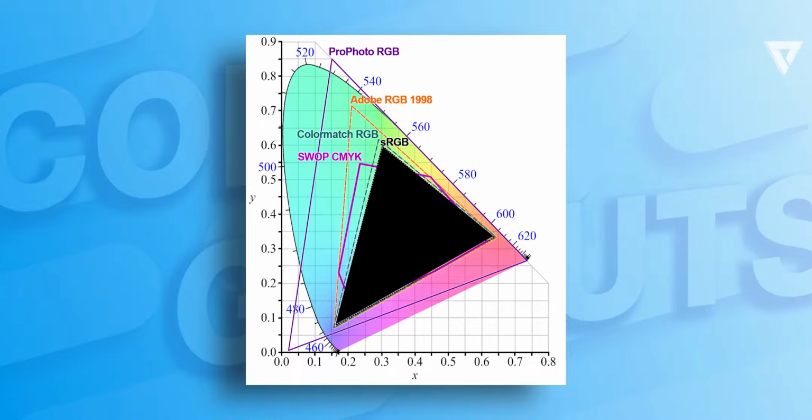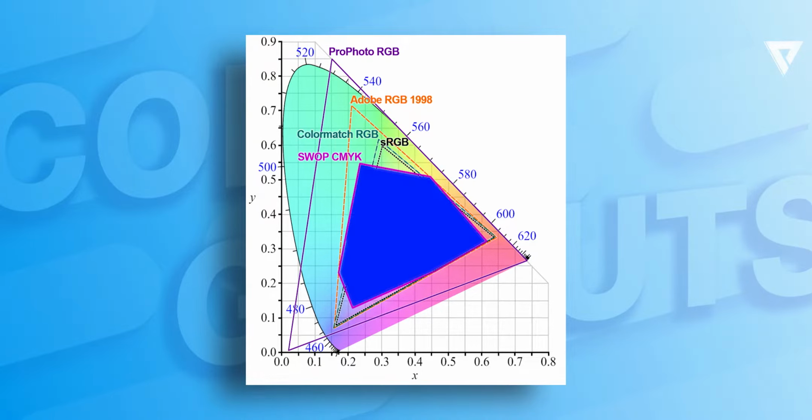But most of the gadgets and other electronic devices that you see today are limited to sRGB. The line that is drawn with magenta is where the CMYK lies, and it is mainly used for printing purposes. Comment down below if you want me to make a video on why CMYK is used for printing purposes.